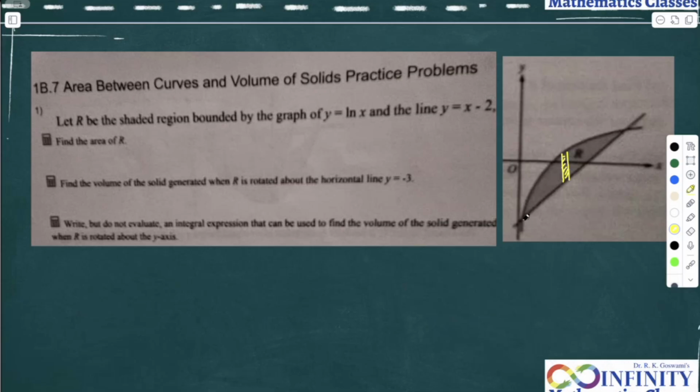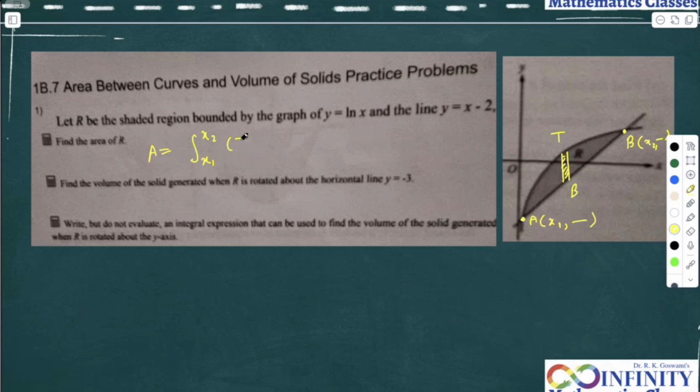And I need the point of intersection, the point A and the point B. If I'm taking a vertical strip and if I know the coordinate of x at A, let me say that it is x1, and the coordinate of x at B, say x2, the area is going to be integration from x1 to x2, and then what is the top and bottom?